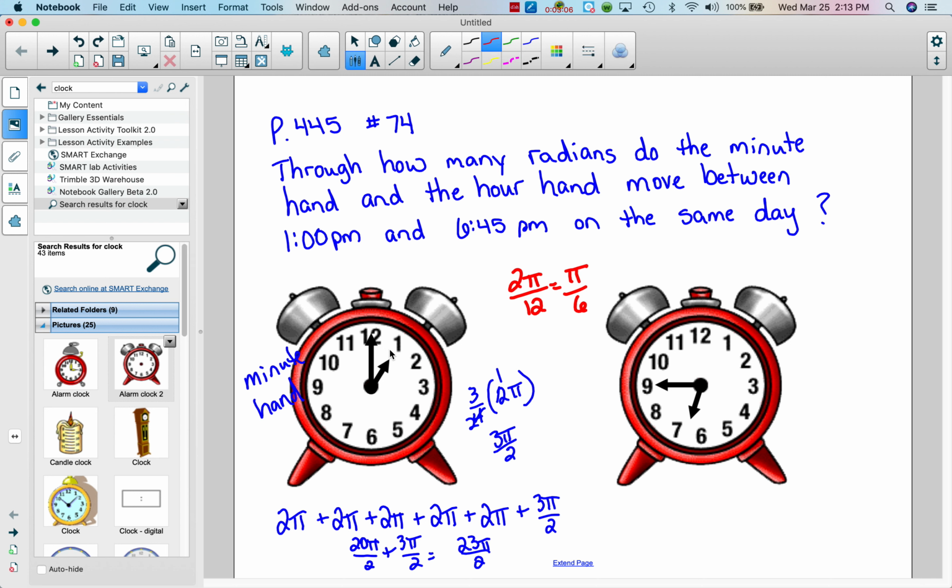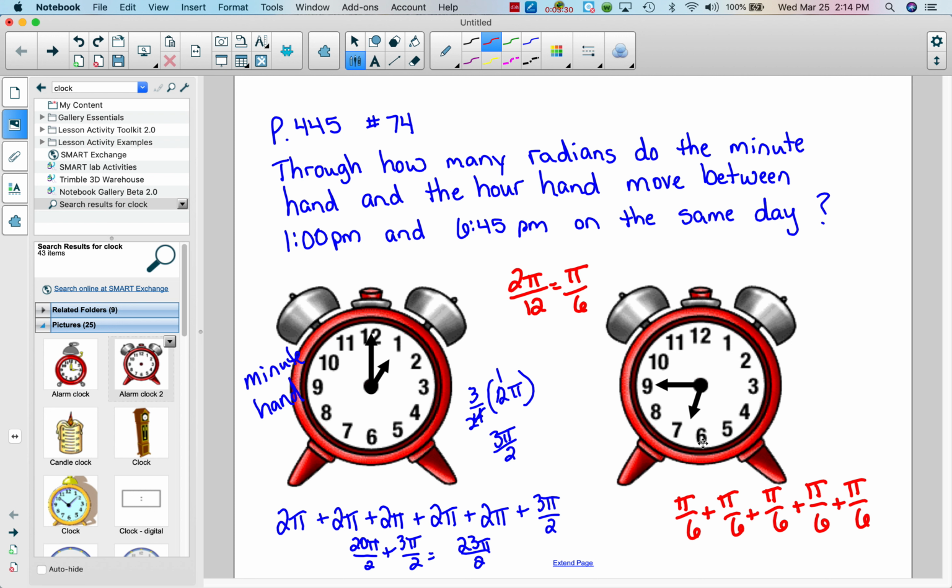So starting at 1 o'clock, now we're dealing with the hour hand. From 1 o'clock to 2 o'clock is pi over 6. From 2 to 3 is pi over 6. From 3 to 4 is pi over 6. To 5 o'clock is pi over 6. To 6 o'clock is pi over 6. But now what about to 7 o'clock?